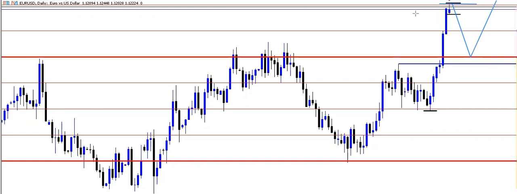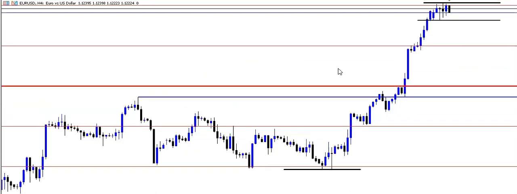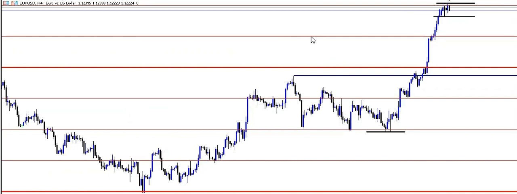But if we subsequently see some kind of H4 retracement forming a bearish structure, and we notice some kind of structure shift here, we should be patient and expect a deeper retracement to previous zones like here before we begin to look for a buy setup to target the previous high.